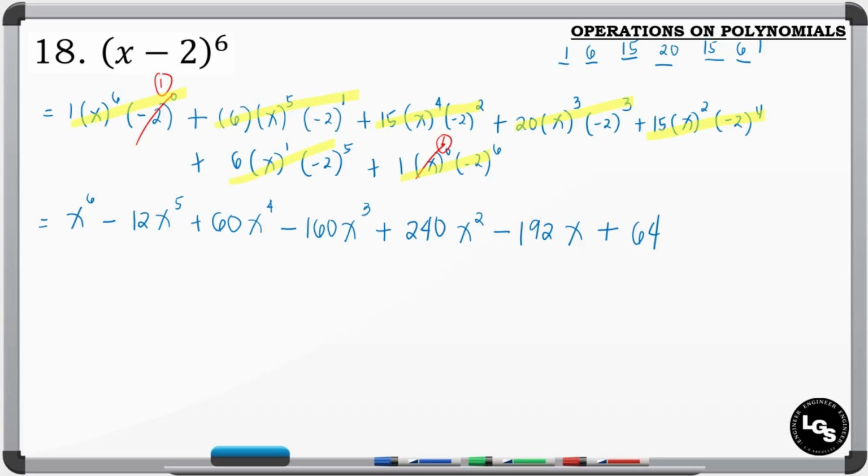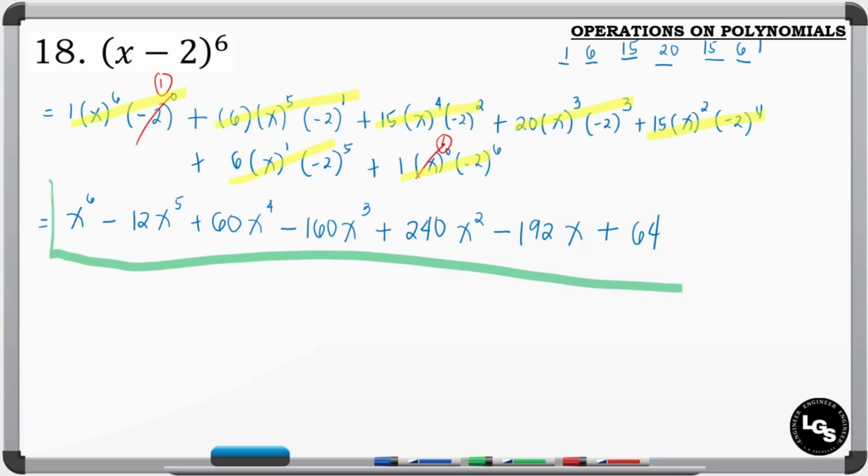If there are no like terms, in this case we have x raised to 6, then x raised to 5, 4, 3, 2, 1, and a constant. So there are no like terms, meaning this is our final answer for this item.